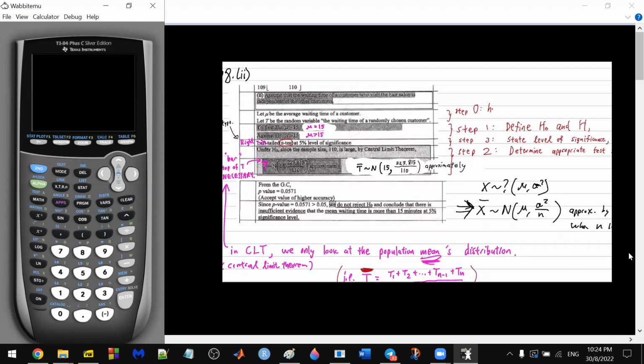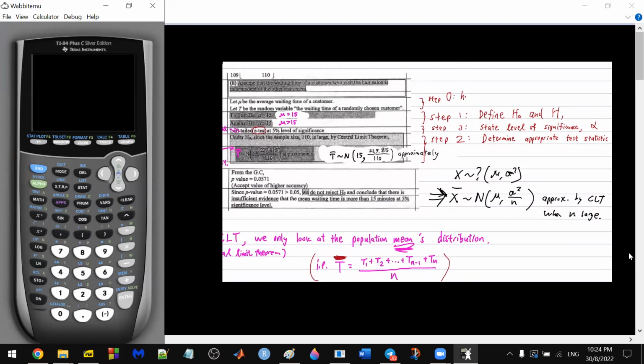Then how about the other guy, sigma square over n? Where did sigma square come from? This 227.815. That's when you must remember the other point I made: use s square if sigma square is not given, right?